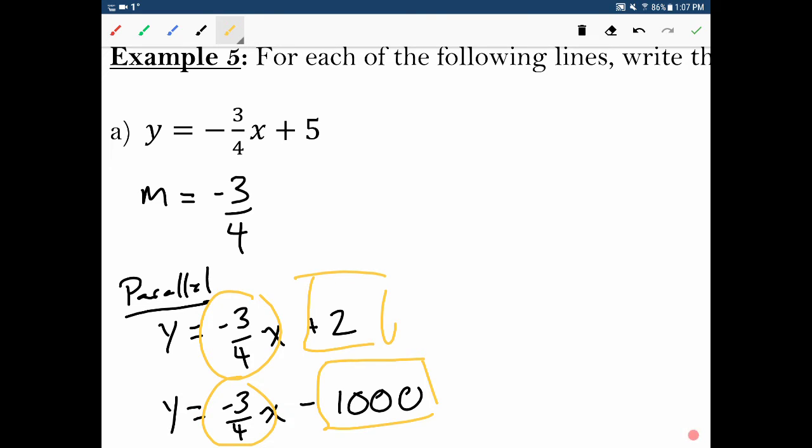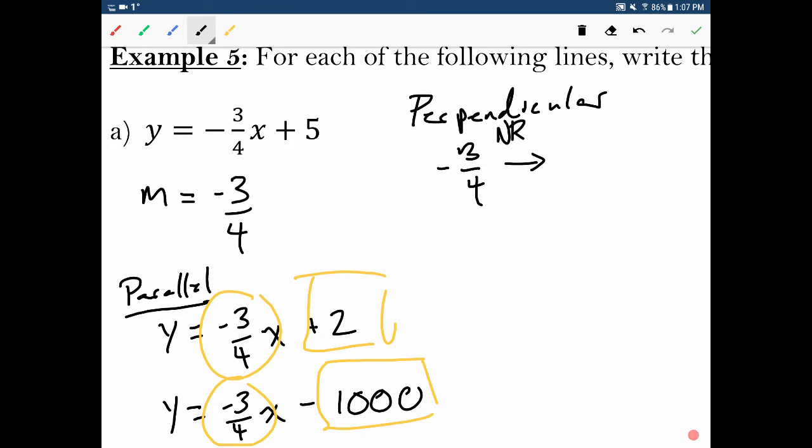Okay? Let's do some perpendicular lines. So what we need for this is we need to say, okay, the original slope was -3/4. So if we're going to find the negative reciprocal, you're going to flip the fraction to 4/3. It was negative, so it becomes positive.